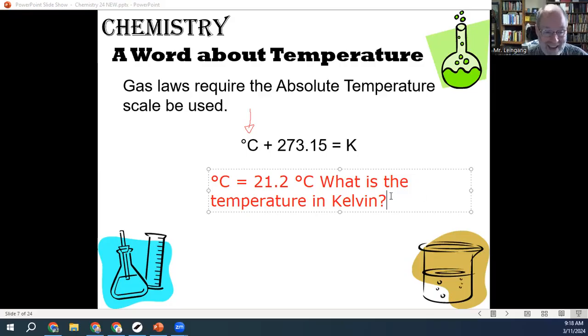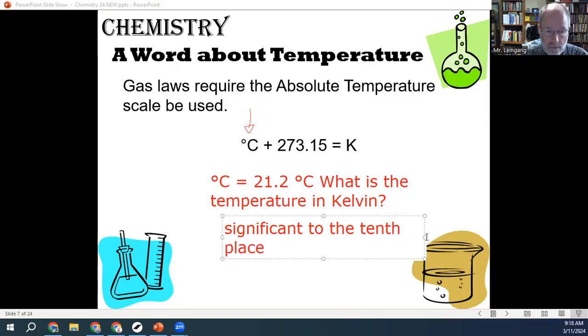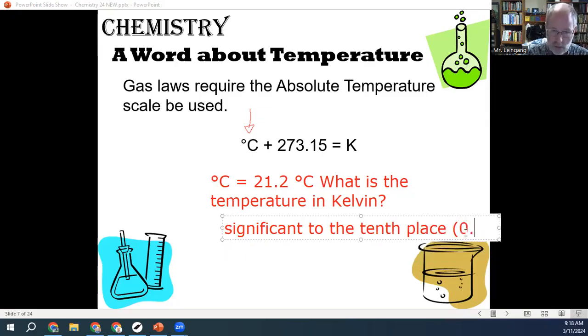So what we would say is my original temperature is significant to the 10th place. That is 0.1, right? And so my answer must also be significant to the 10th place.